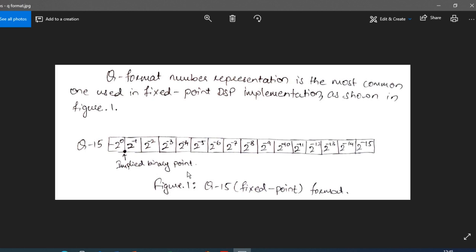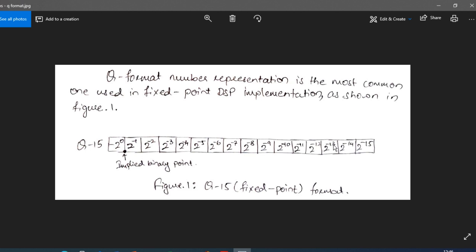I hope you are getting what I am saying. When you filter input data, the input data is provided with coefficients like the impulse response. That coefficient and the magnitude of the input data should be within the range of Q15. In Q15, the value is always measured in terms of the fraction part, because here I have taken 2 raised to 0, 2 raised to minus 1, minus 2, minus 3.